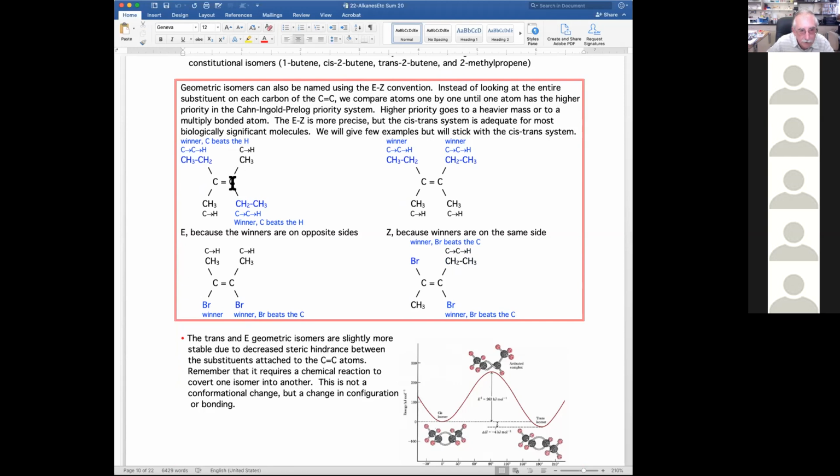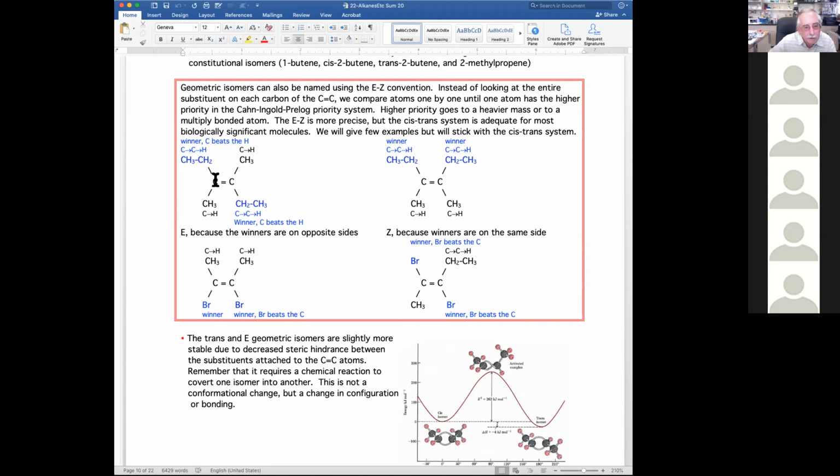That's a carbon, that's a carbon, okay? That's a tie. This carbon then goes to a hydrogen. This carbon then goes to a carbon. So a carbon is bigger, more important than the hydrogen, so this one wins. Make sense? So this gets the priority here.